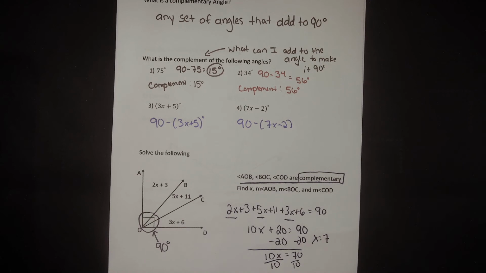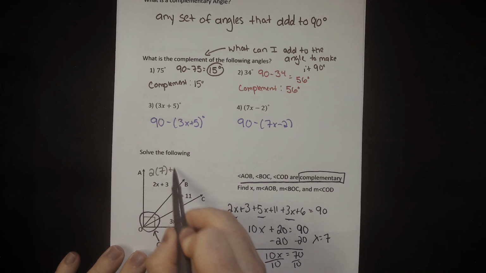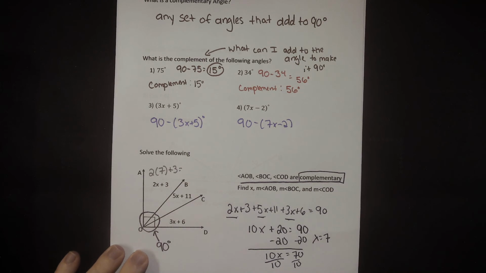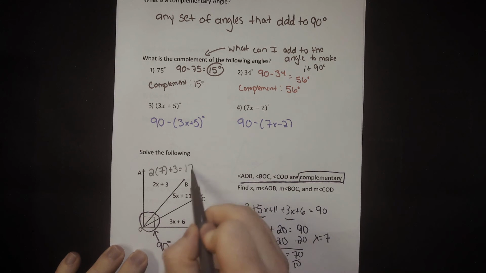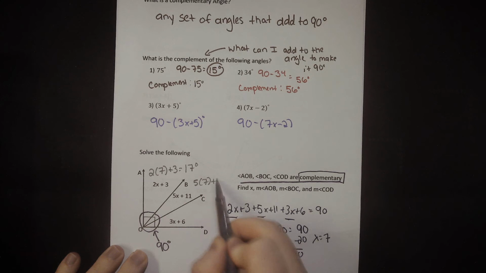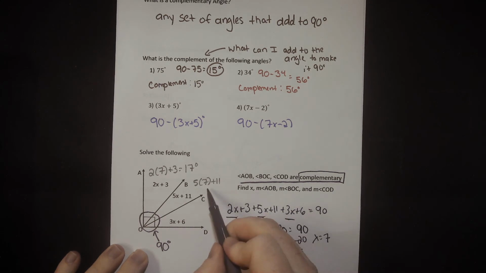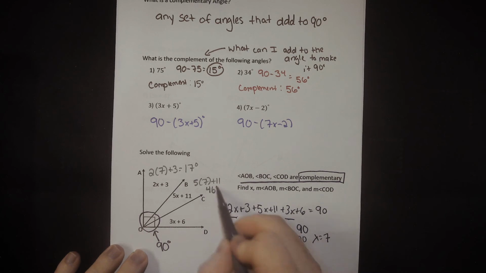So now I know that x equals 7, and now I'm going to go back again and substitute that 7 in to figure out the measure of each angle. So 2 times 7 plus 3, that gives me 14 plus 3, which is 17. 5 times 7 plus 11. 35 plus 11 is 46.